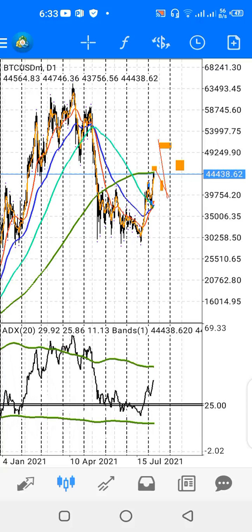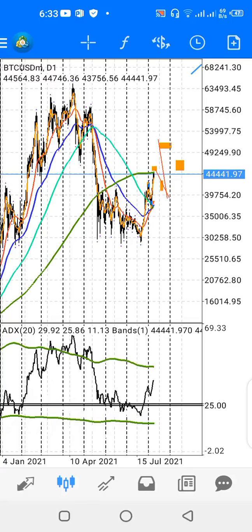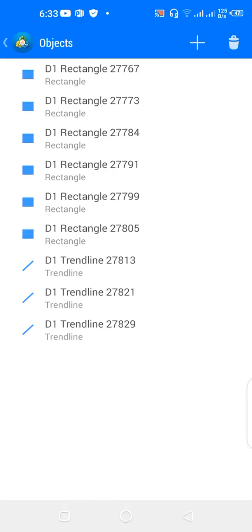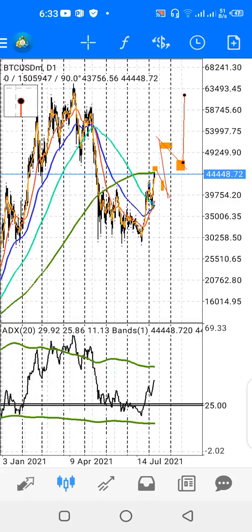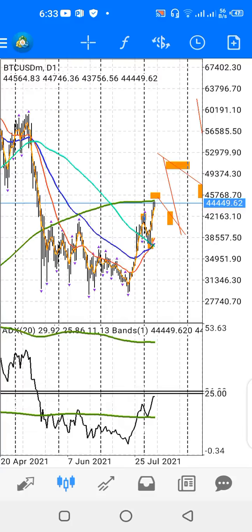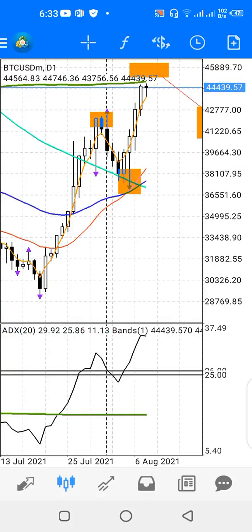Okay, come down this way, and then continue up. But I may be wrong. Let's keep our fingers crossed. But with the way price is moving, it's definitely bullish. The bulls are in control.